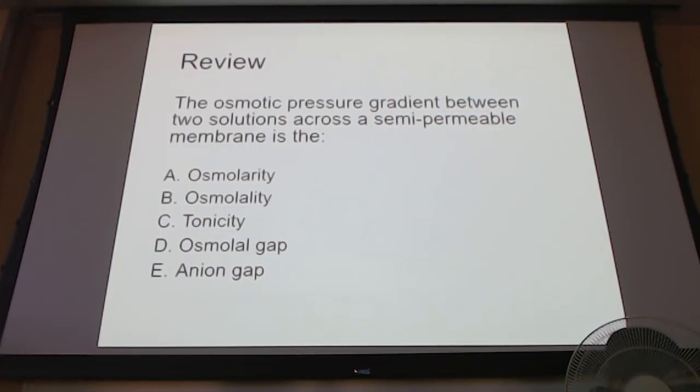Remember, osmolarity and osmolality are measures either by weight or volume. But the pressure gradient is the tonicity.